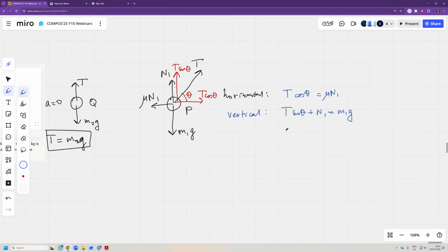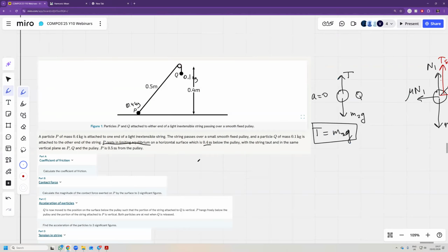So from the second equation, we calculate N1 is M1G minus T sine theta. And we know that T is M2G. So it's M1G minus M2G sine theta. For sine theta, well, we know this is theta, this is 0.4 and this is 0.5.